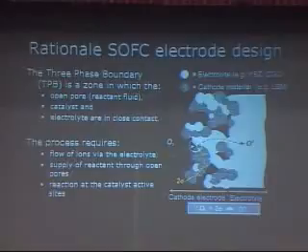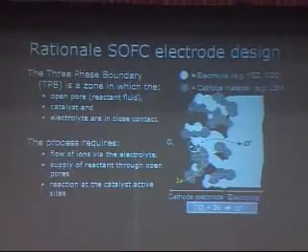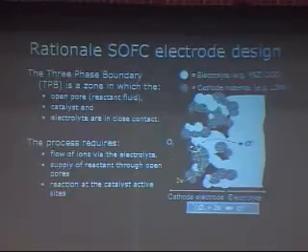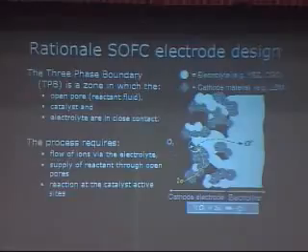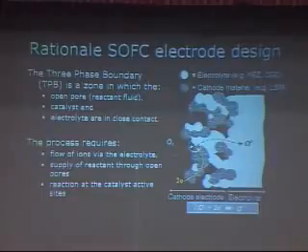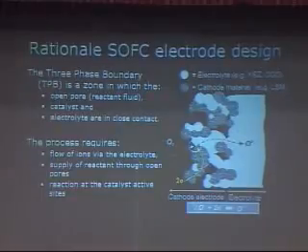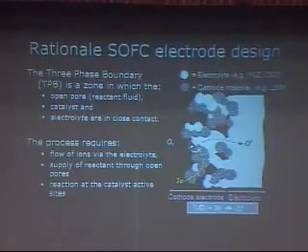This is critical to the performance of these fuel cells because at that point you need to persuade oxygen gas to come to a junction between the electrolyte and the electrode. And it must come to the junction because at that point you catalyse the dissociation of the oxygen into an oxygen ion and electrons.